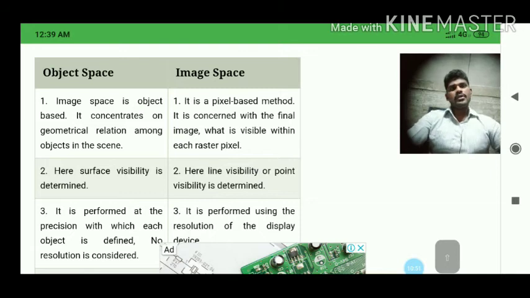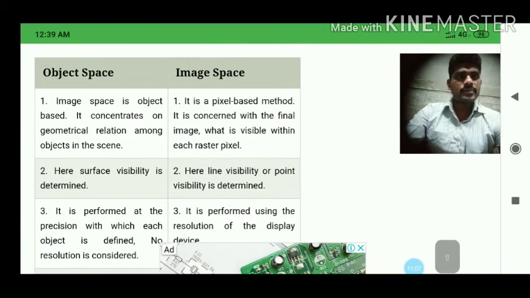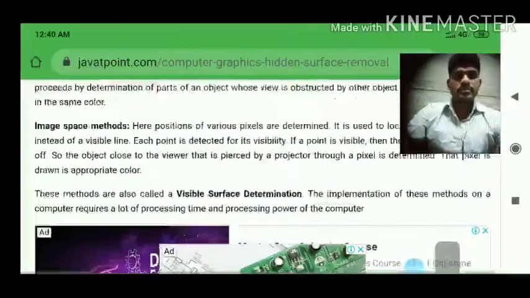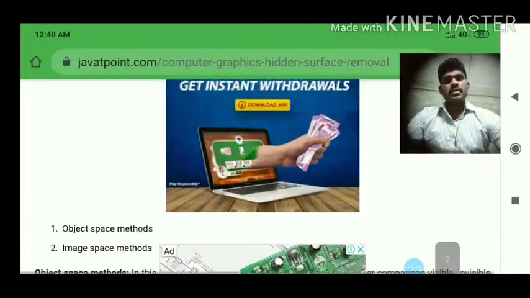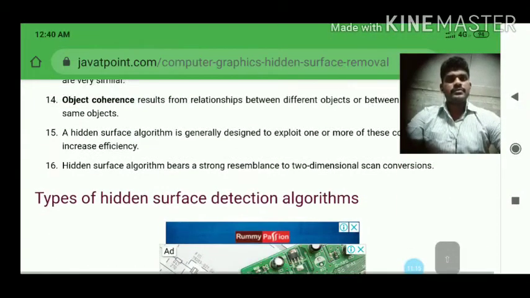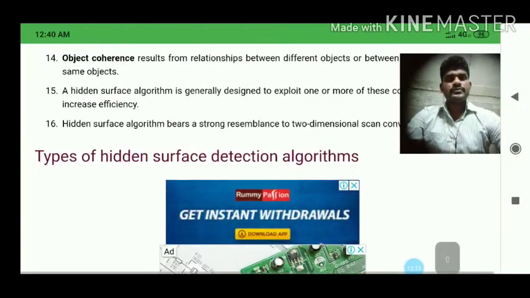To find the visual surface detection, we follow these two methods. We will see what the object space method and image space method are. Look here.